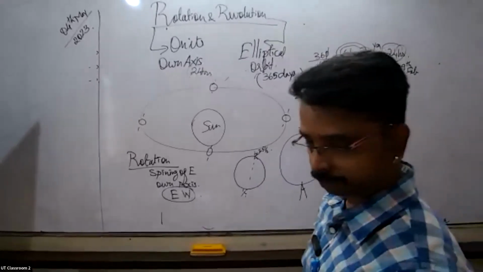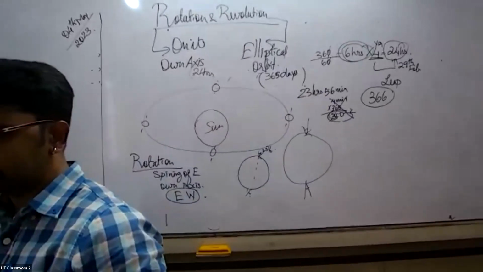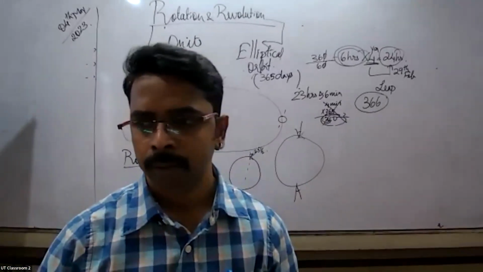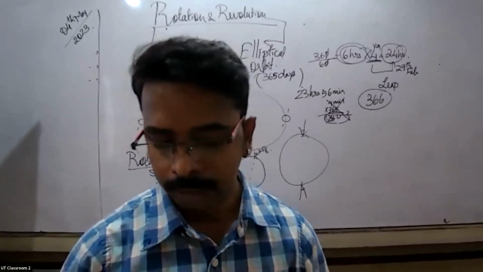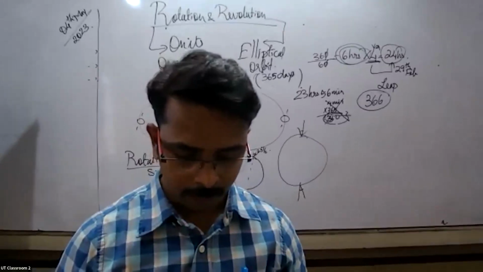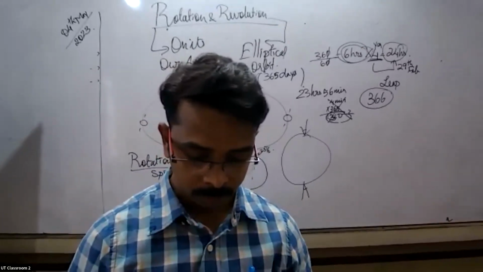Sir, last year, leap year was there. I don't know, did you observe the calendar? Last year was normal. Now I think this year was also normal. Next year and the year after that is a leap year.